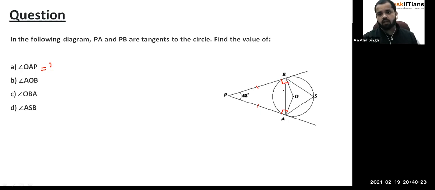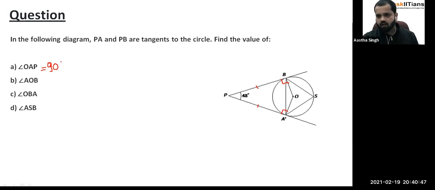So OAP will definitely be 90. I think no one will have a problem in this, right? We have already proved that at the point of tangency, the radius makes an angle of 90 degrees, right, guys? So the next is angle AOB.